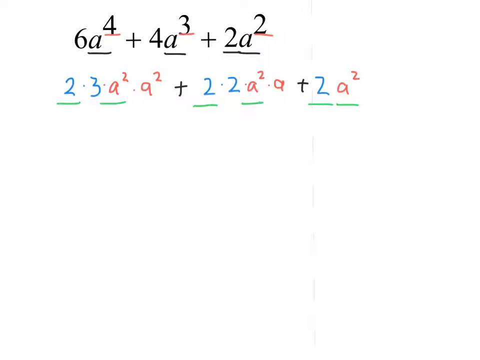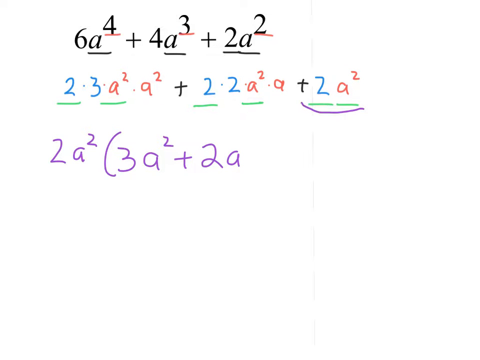And so we'll factor that out as well. So when we take that 2a squared out, we're left with everything that hasn't been underlined. So we're left with a 3a squared plus 2a.